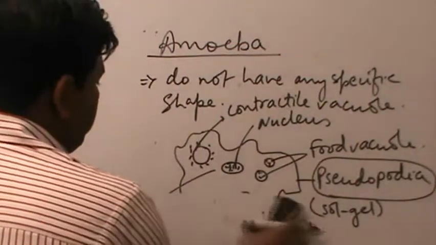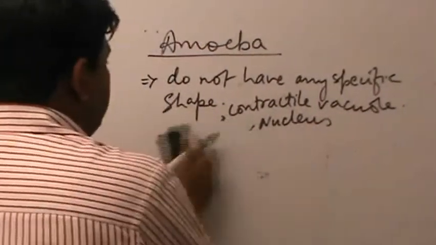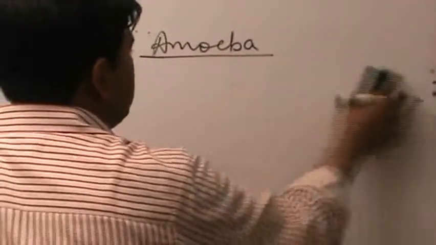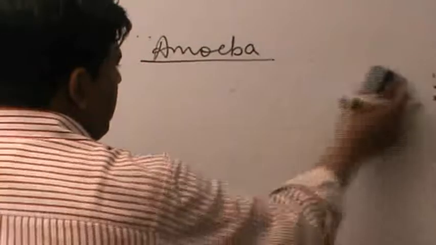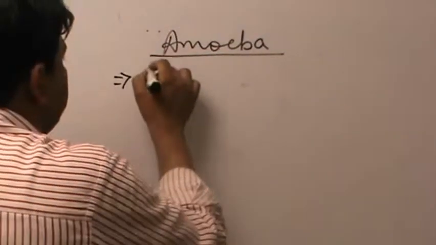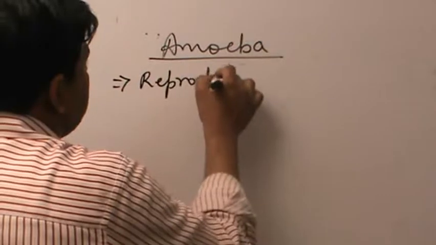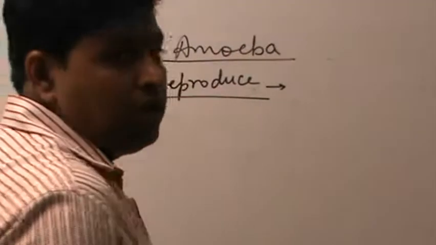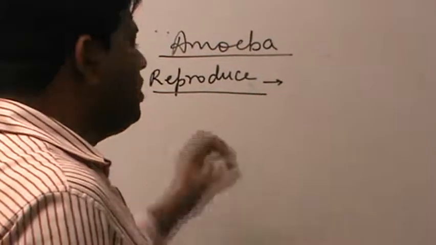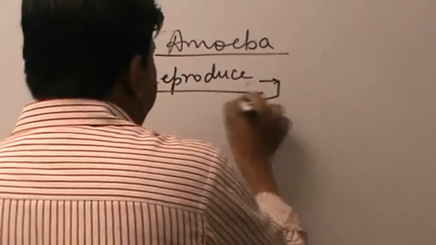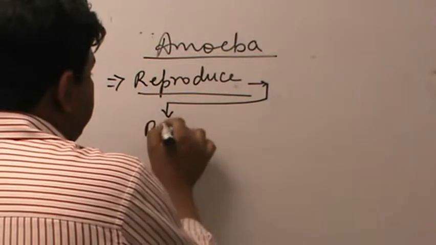So amoeba has no fixed shape and size. This Amoeba proteus can reproduce. How do they reproduce? It can increase its number with the help of binary fission.